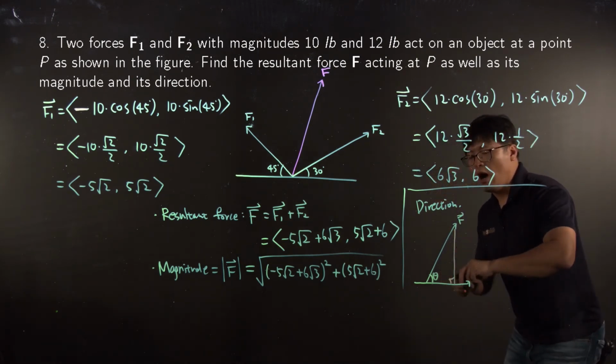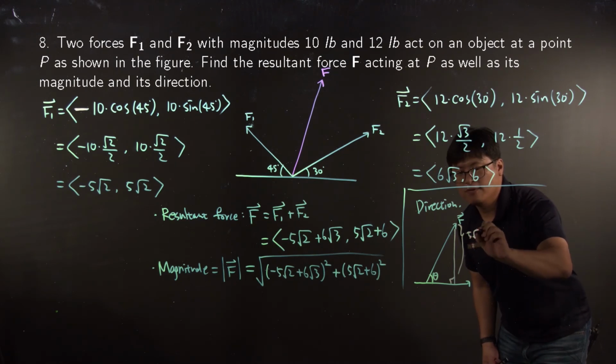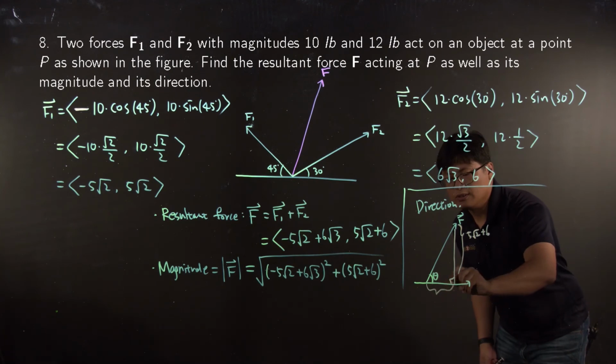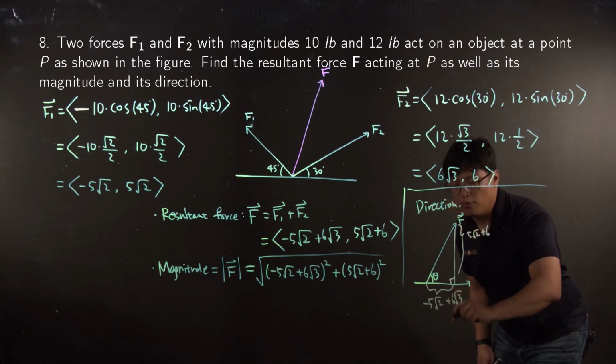Your opposite side is exactly the y component, which is 5 square root of 2 plus 6. What about the adjacent? That is the x component, negative 5 square root of 2 plus 6 square root of 3.